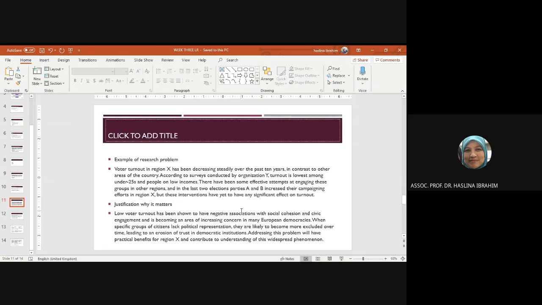So if you are able to write a statement of problem like this, mashallah, it is very simple, but it gives a lot of meaning. When I read this, I feel, okay, very good. This problem statement is viable. Like when you go to see someone and say, I have a problem, and the person asks, what is your problem?